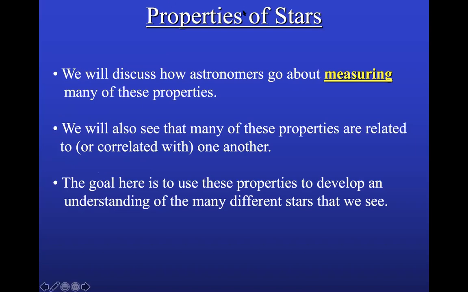So how we are going to discuss these things is that we will discuss how astronomers go about measuring many of these properties. We need to know that. So the first chapter will be devoted to discussing how these measurements are taken, how astronomers measure properties like light, color, brightness, and distance. And you will also see that most of these properties are correlated with one another, which means temperature will affect the brightness.